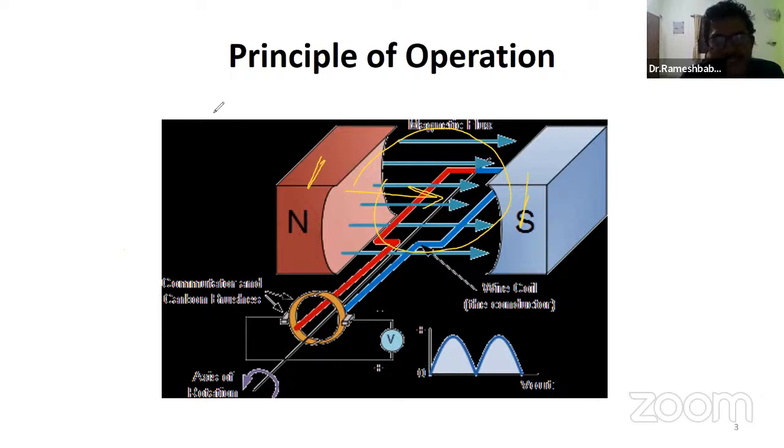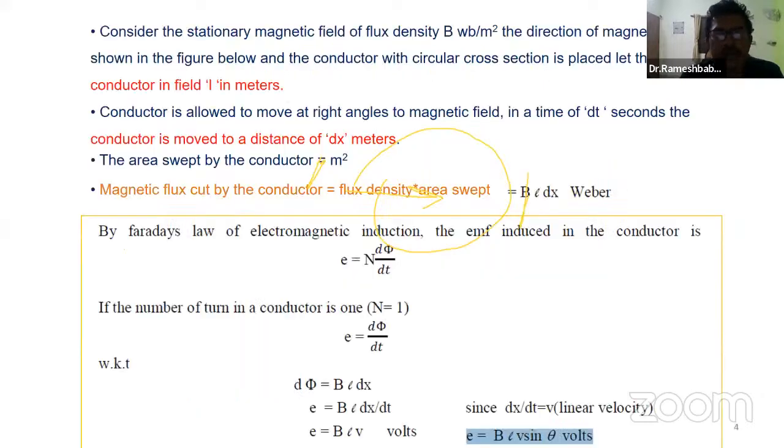So on the next slide, this is the principle of operation. As we have discussed from Faraday's law of electromagnetic induction, the EMF induced in the conductor is E equal to N into dφ by dt.